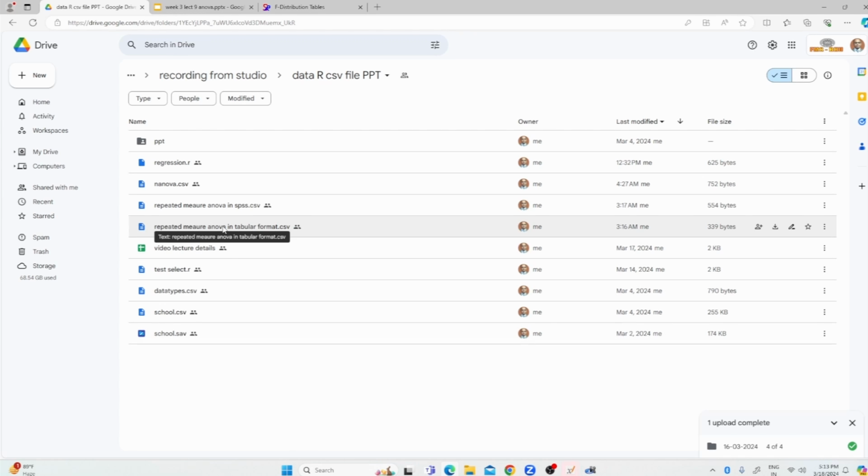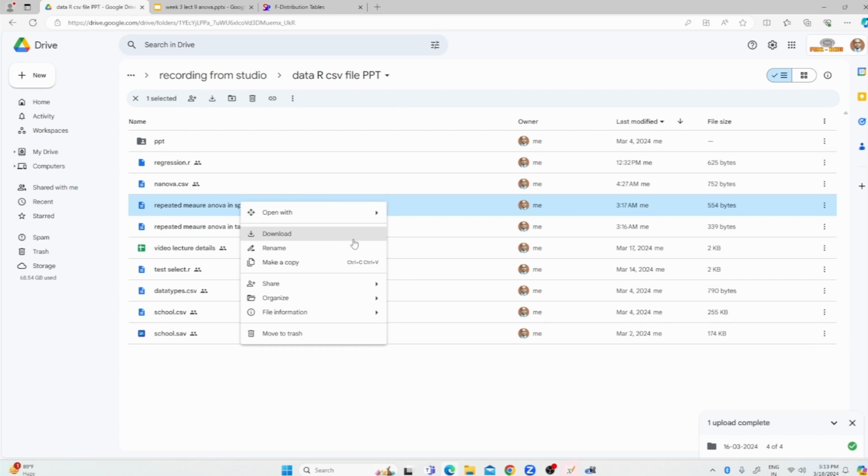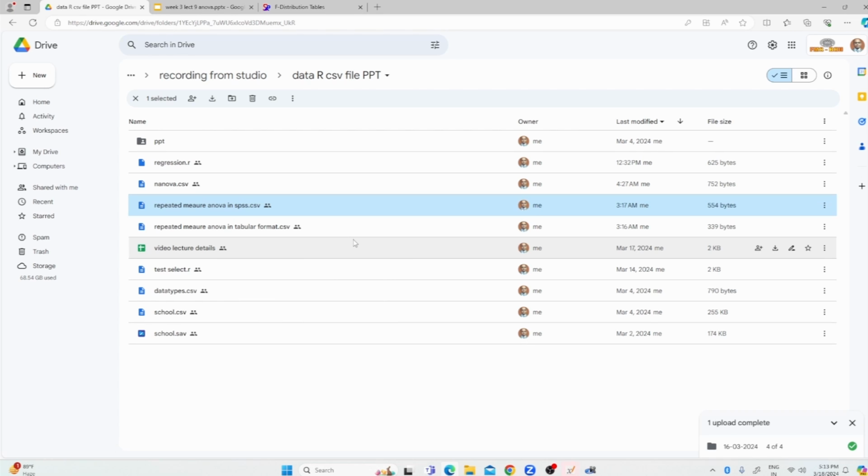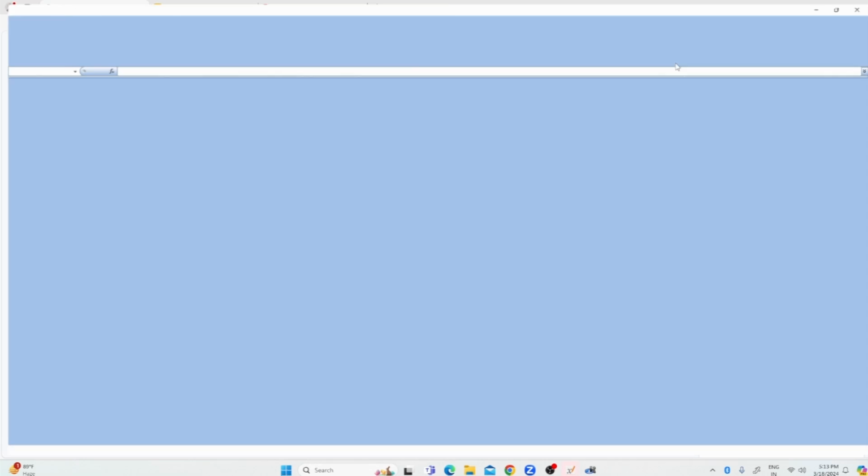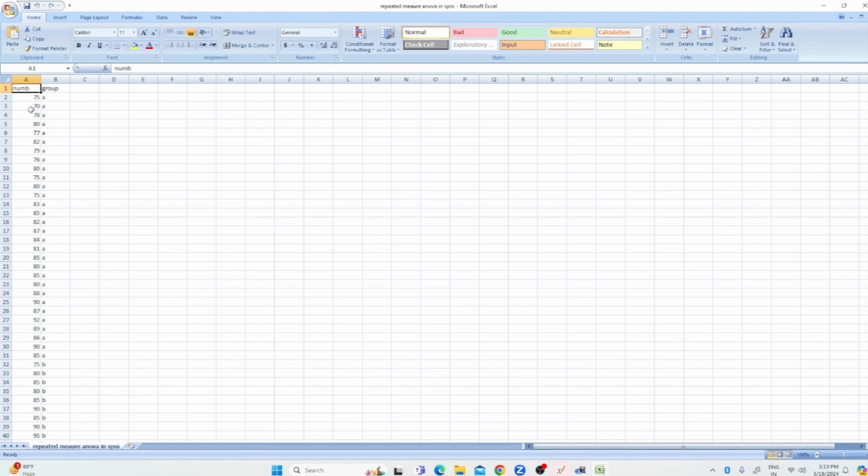Yeah, repeated measures in this. Let us download this. Let us open the file. So, this is what we had.